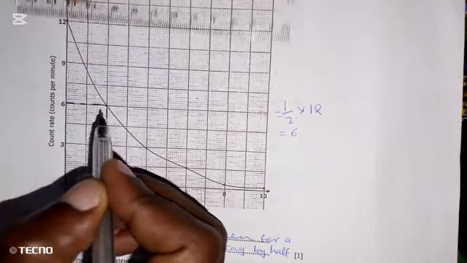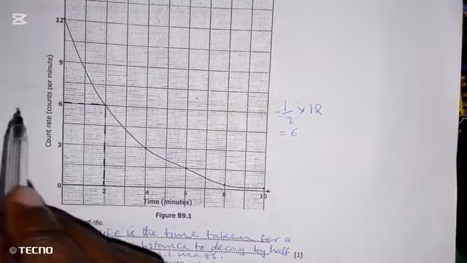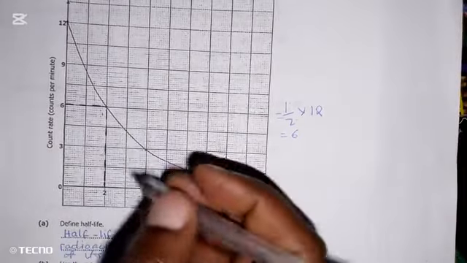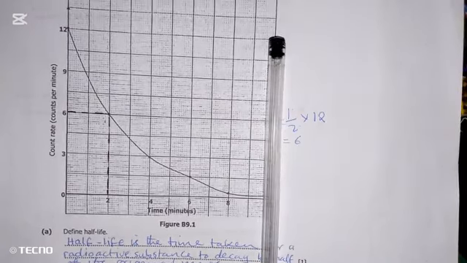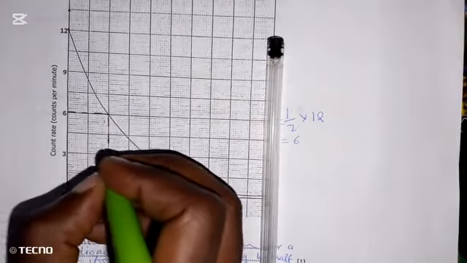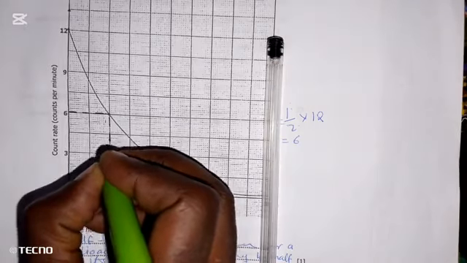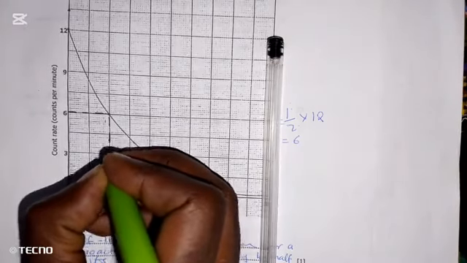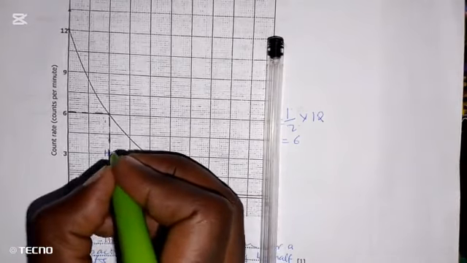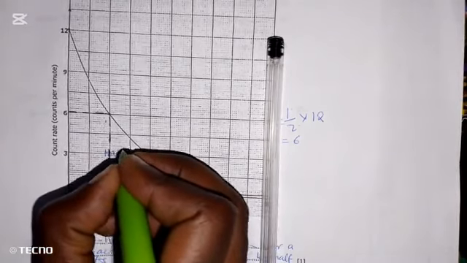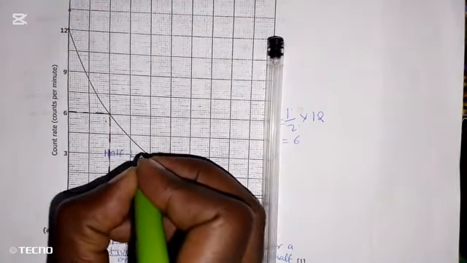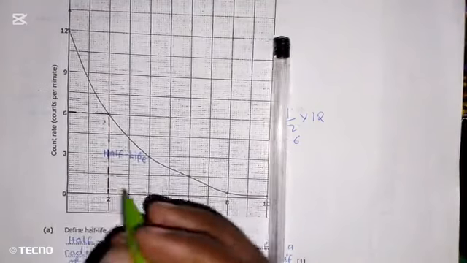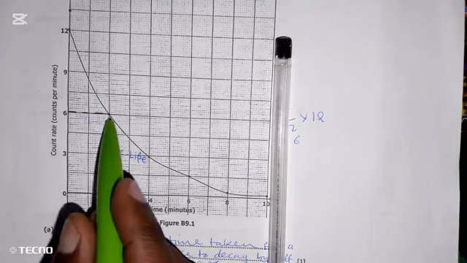So this is the half of 12, and I will indicate this side to say it's the half-life. I'm just indicating so that you are able to see, but it is unnecessary for you to indicate this on the graph. The half-life is from this up to this.